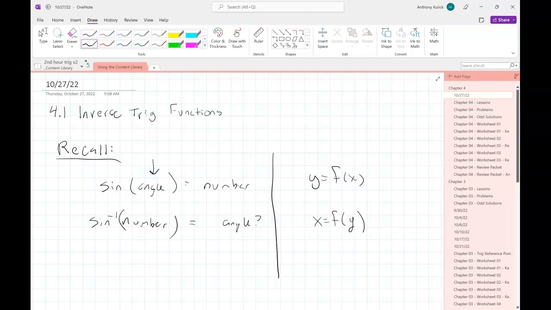That's really all we're doing. I want a function where the output, when I plug it in, gives me the input. I should probably change the name of this thing because it's not necessarily f.